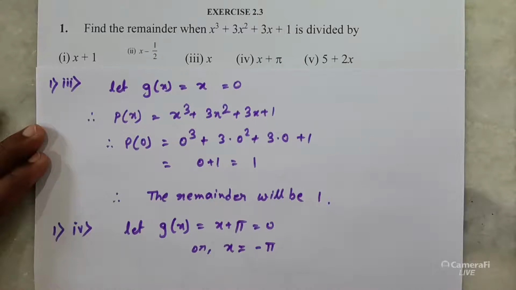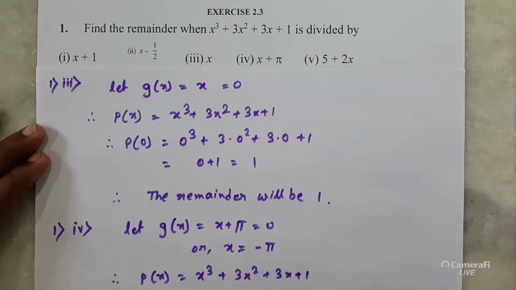Then what will it be? Therefore P of x is x cube plus 3x square plus 3x plus 1, and x means it will be minus pi, P of minus pi.